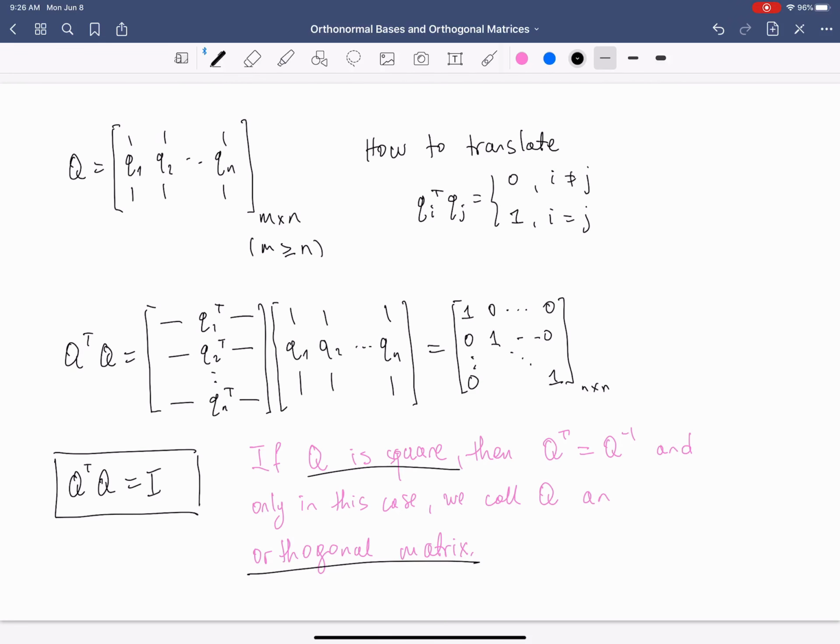So if I say, okay, let Q be an orthogonal matrix, then you understand that Q is a square matrix. You understand that the inverse of Q is its transpose. And you understand, equivalently, that the columns of that matrix are orthonormal. In fact, in that case, both the columns and the rows would be orthonormal. Let's look at some examples of orthogonal matrices.